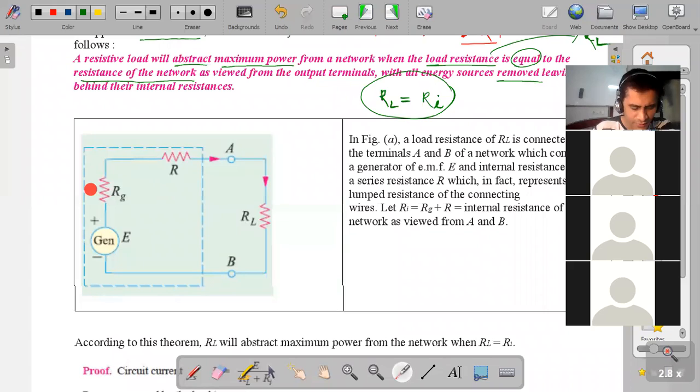Rg and R, dear student, are two resistors connected in series. Yes or no?